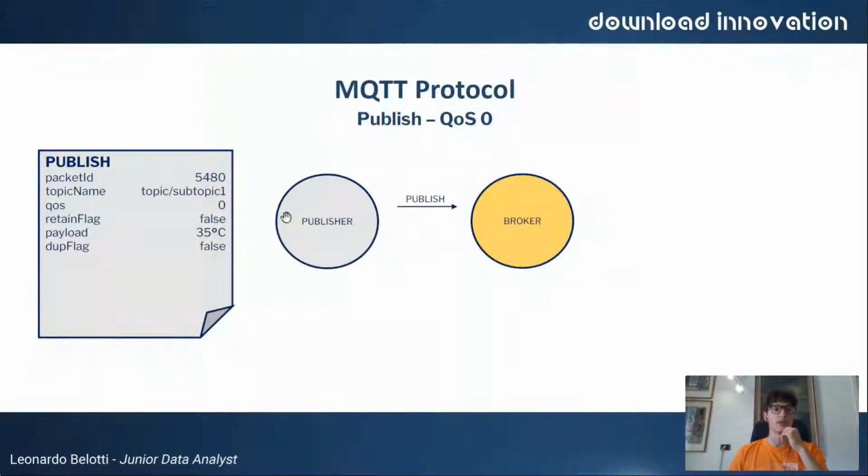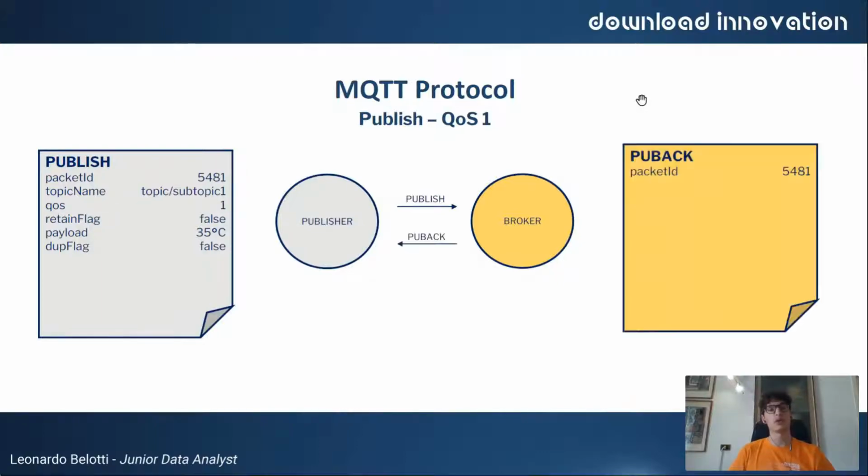So here we have a publisher that sends this message to the broker with a quality of service equal to 0, that is specified within the message, a destination topic, in this case, topic/subtopic, it is just an example, a payload, so the information that we want to send, and as I said, this can be a JSON, this can be binary data, whatever we want, and a duplicate flag. With quality of service equal to 0, if we remember, the duplicate flag is always set to false because no duplicates are sent. There isn't an acknowledgement from the broker sent back to the publisher.